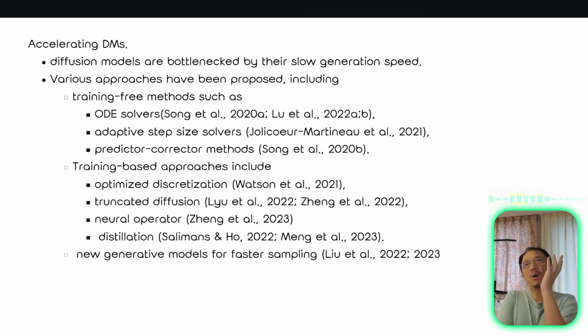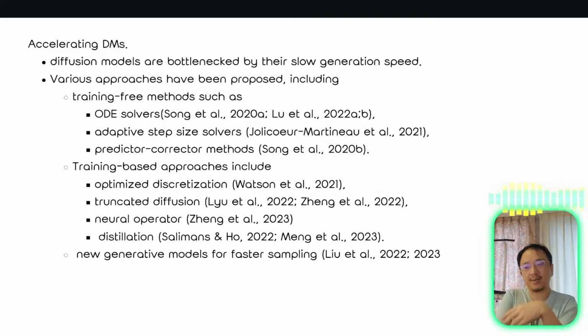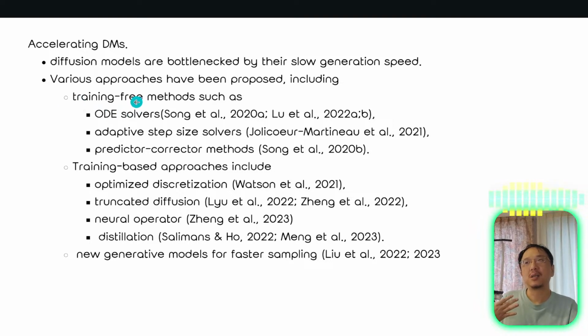Because the diffusion model has an obvious weakness, that it requires a lot of sample steps, a lot of research is trying to reduce the steps of sampling to accelerate the diffusion models. The first one is the training-free method. That is, you don't need to train the models using a different method. You're just using the already trained diffusion models, and we try to do something to speed up the sampling.